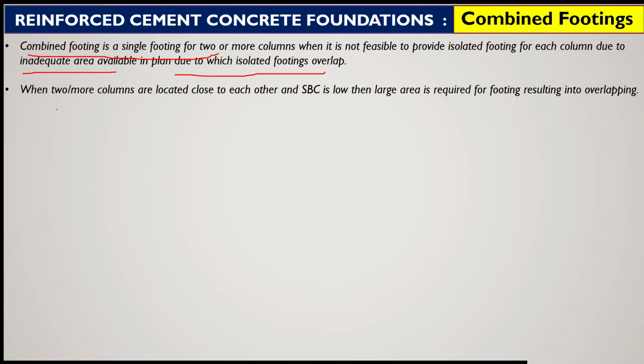When two or more columns are located close to each other, and the bearing capacity of the soil is low, then larger area will be required for the footing of each column, and due to which the footing from each column may be getting overlapped with the footing of the other column.